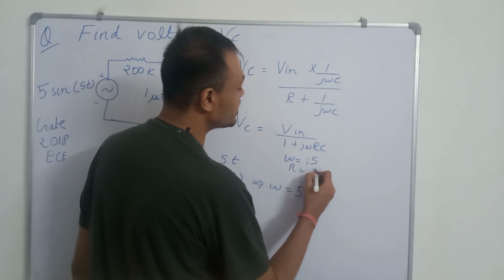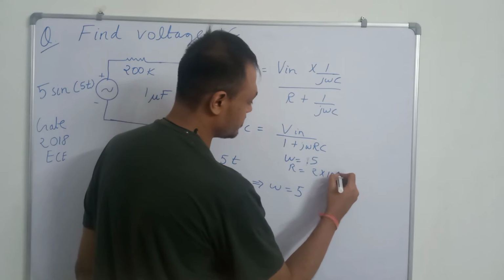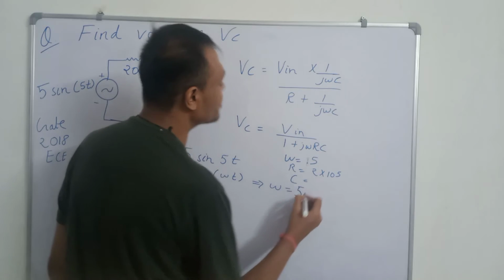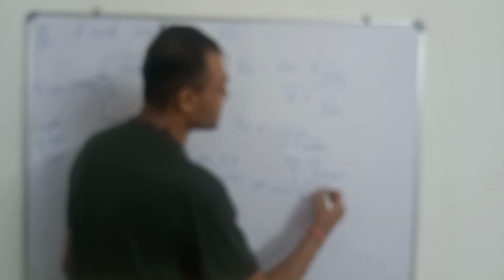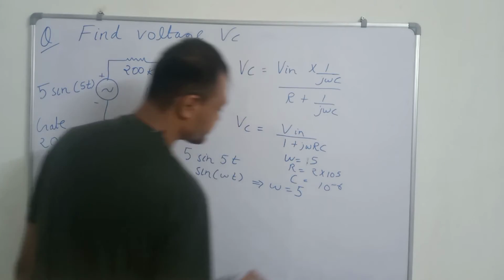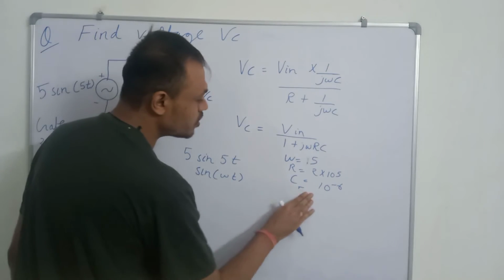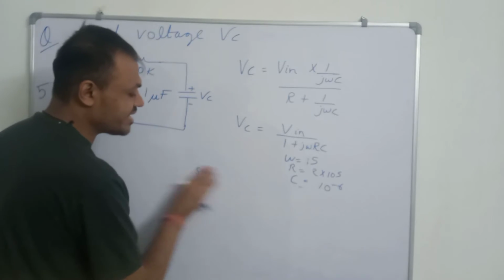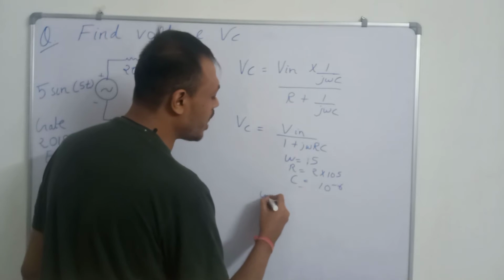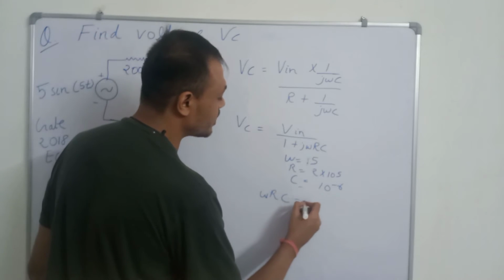R is 2 into 10 to power 5, and the capacitor is 1 microfarad, so 10 to power minus 6. So omega into R into C will be equal to 1.